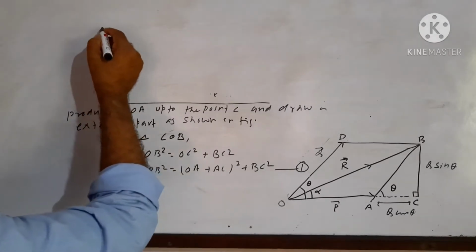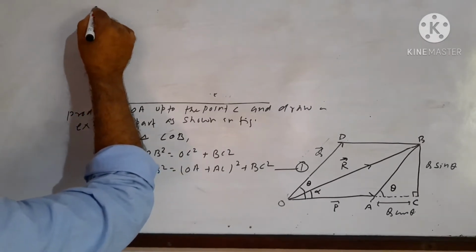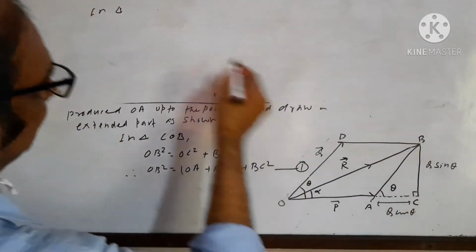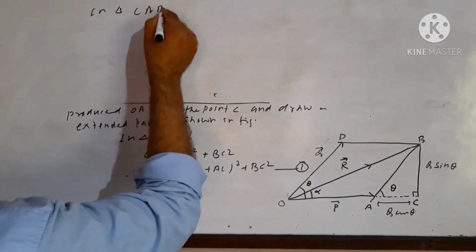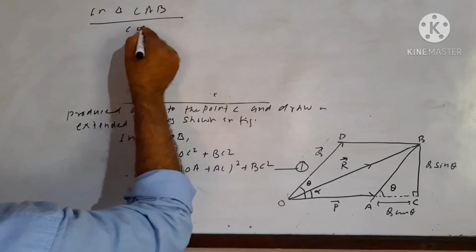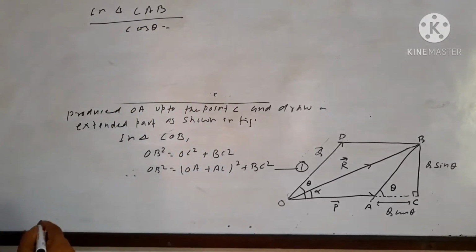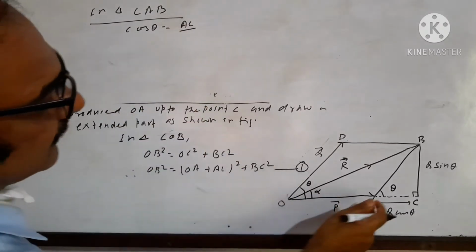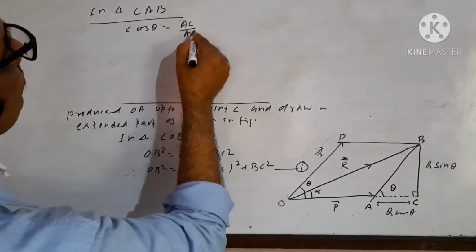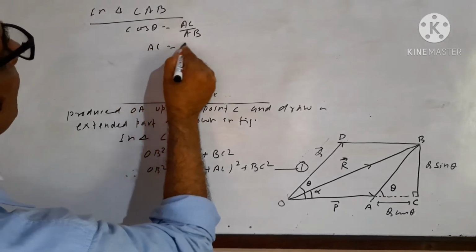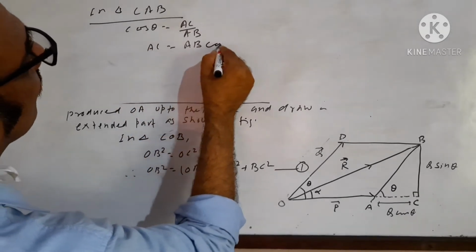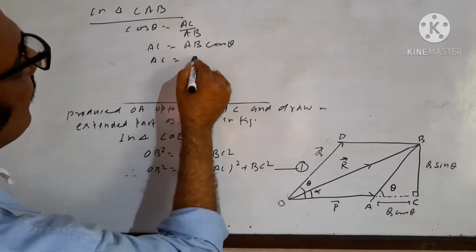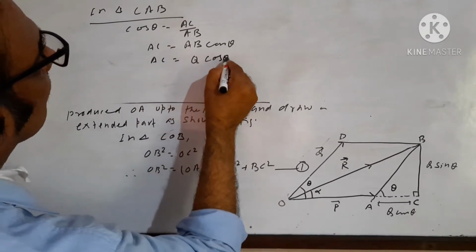In triangle CAB, cos theta equals AC by AB, so AC equals AB cos theta, and AC equals Q cos theta.